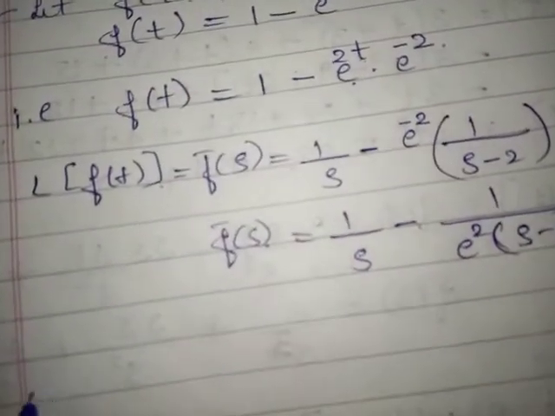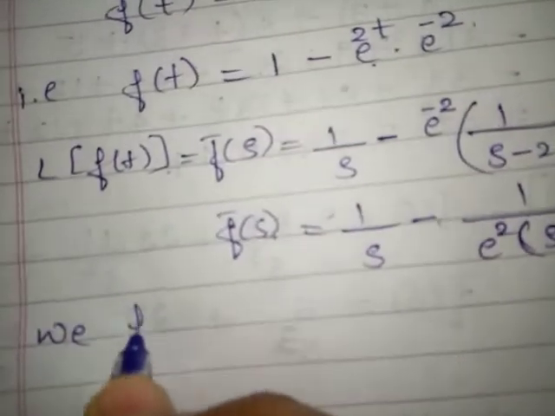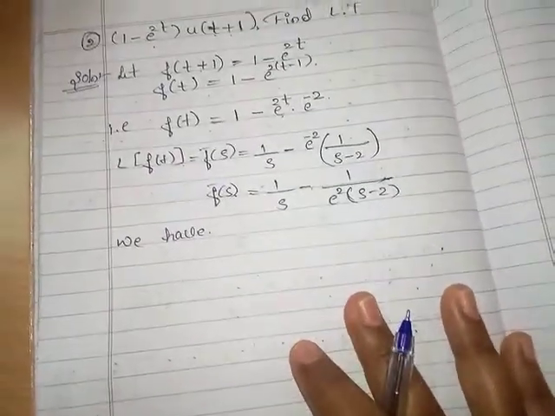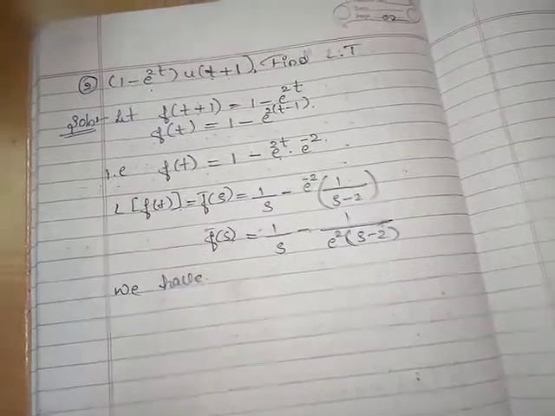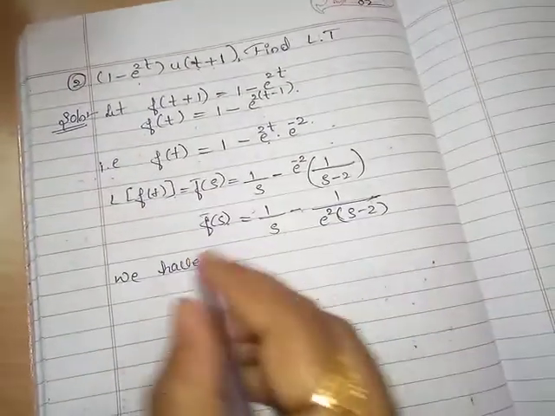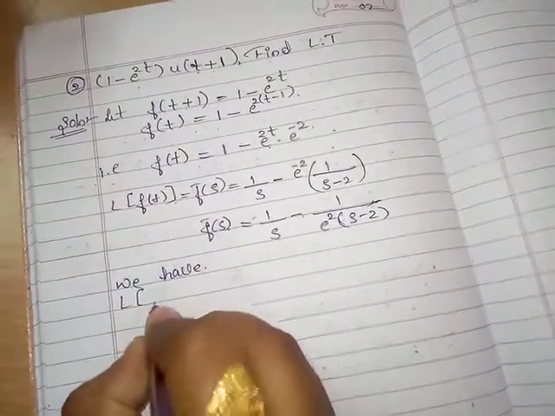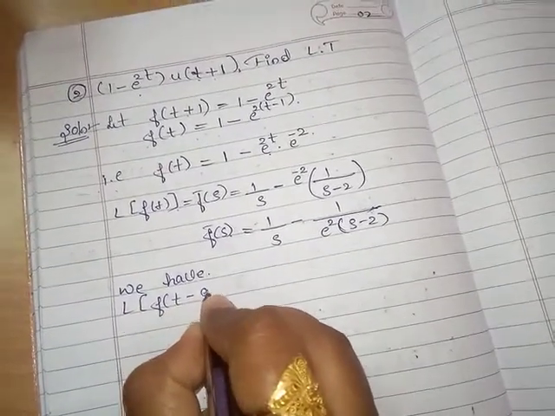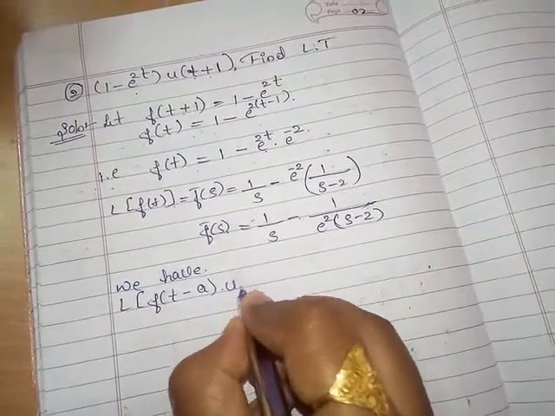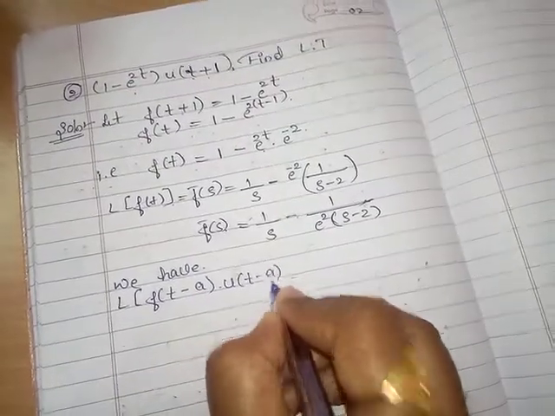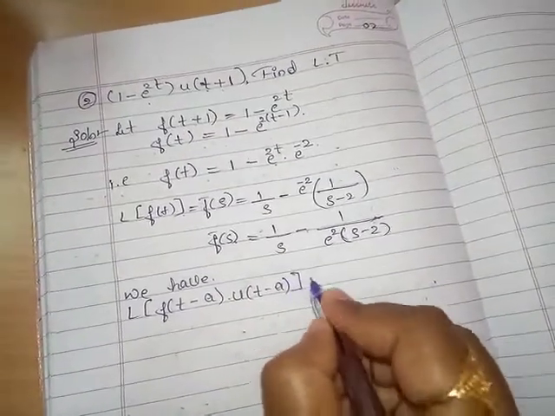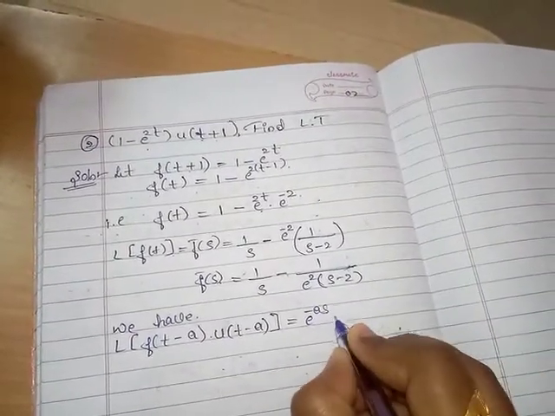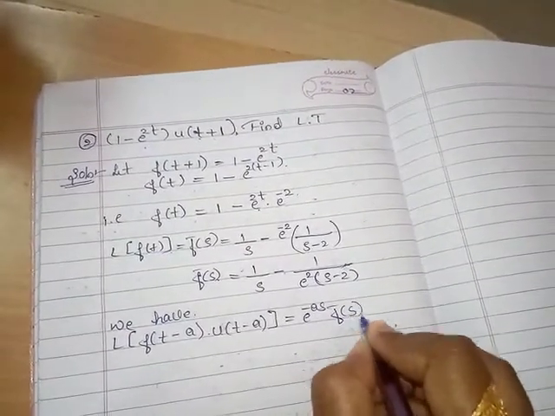Now we have the Laplace transform of f of t minus a into u of t minus a is equal to e raised to minus as into f bar of s.